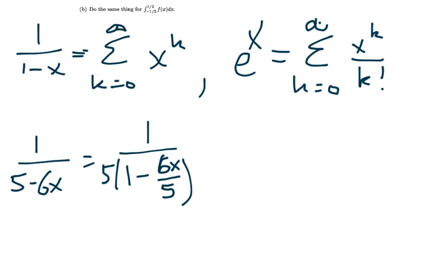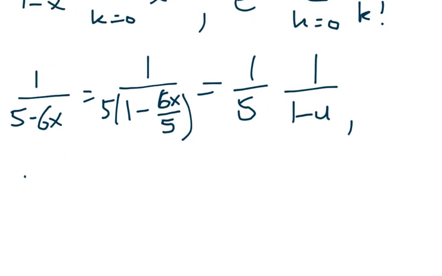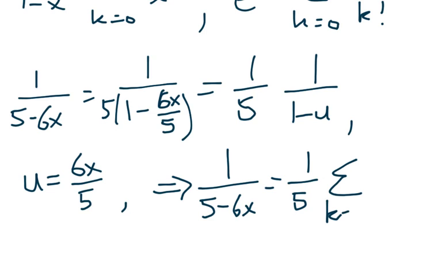So now, if I write this as 1 over 5 times 1 over 1 minus u, where u is equal to 6x over 5, then I have 1 over 5 minus 6x is equal to 1 over 5 times the sum from k equals 0 to infinity.